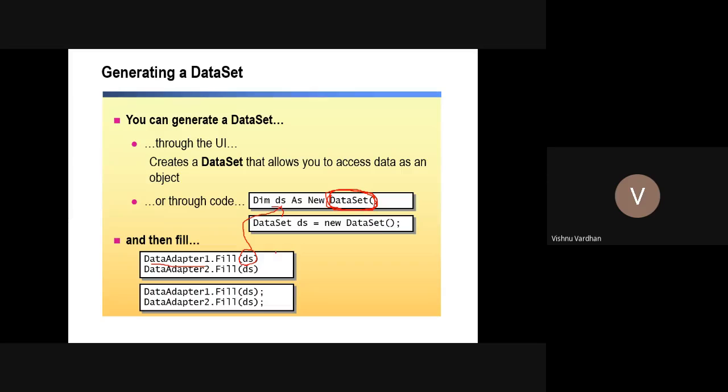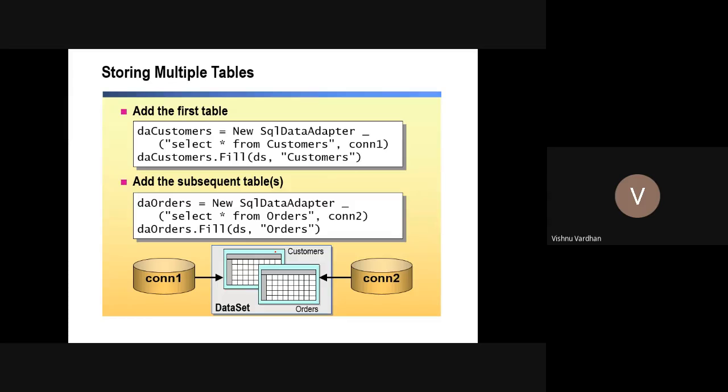All these things we will see exclusively in the practical slots, and here we can see how this code gets connected, how it provides the adapters and some queries, and how the adapter is filled into the datasets, which are the in-memory representation of the tables.